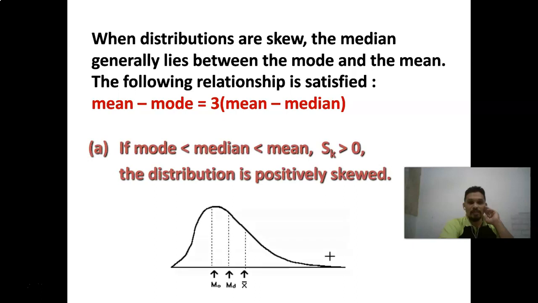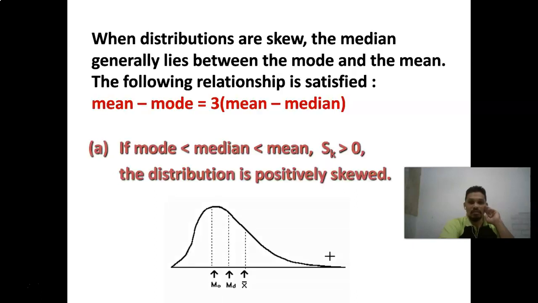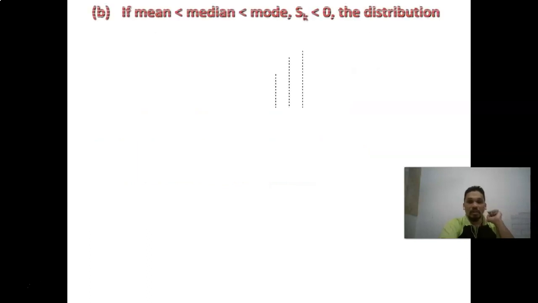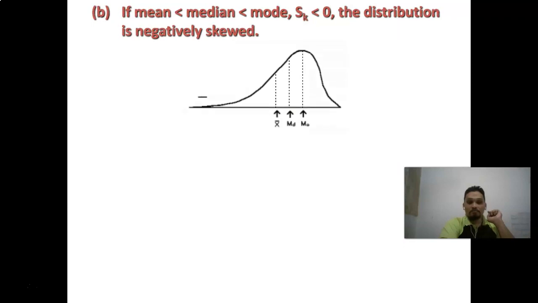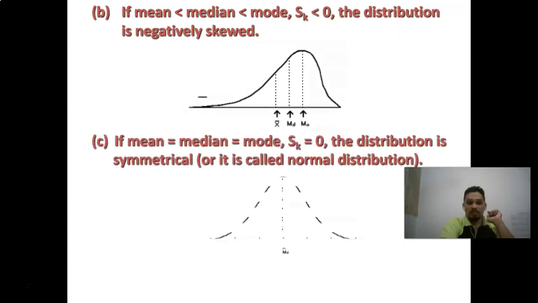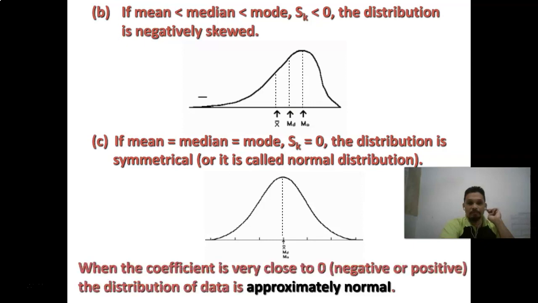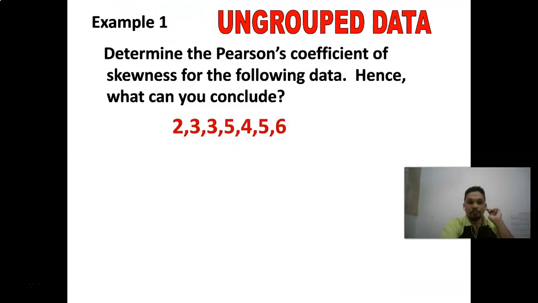Anyway, you have all this recall stated in your lecture notes. And this one here we call symmetrical or normal distribution. Determine the Pearson coefficient of skewness for the following data. Hence, can you conclude?